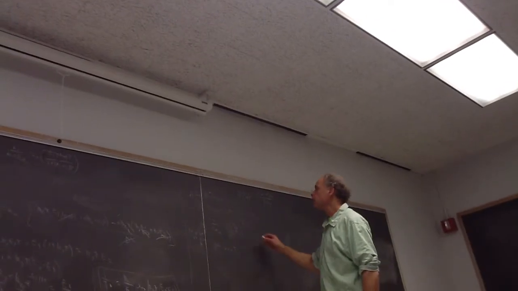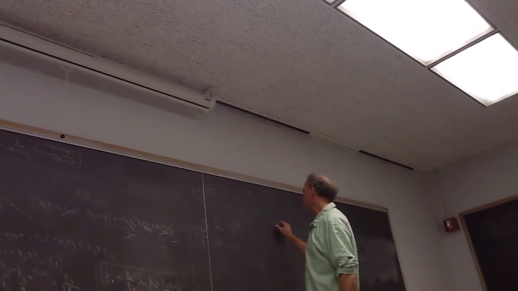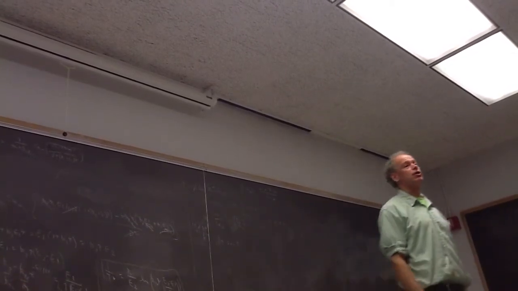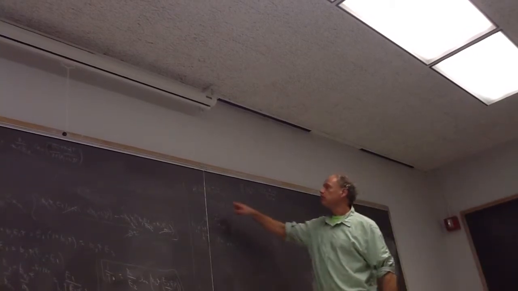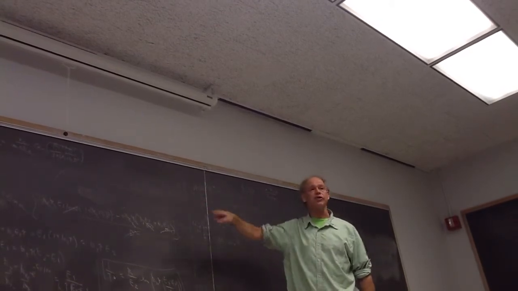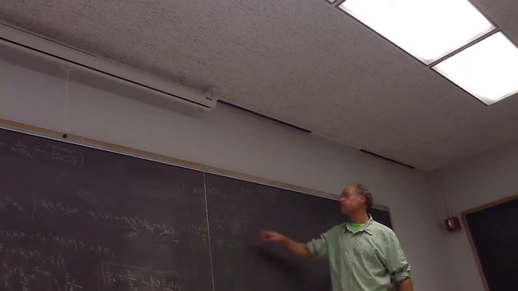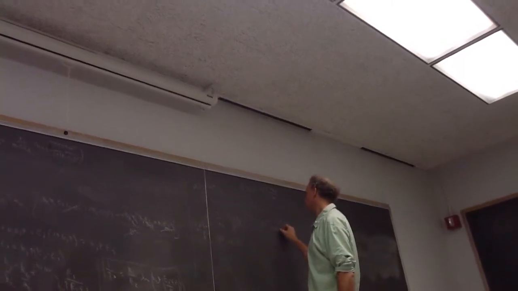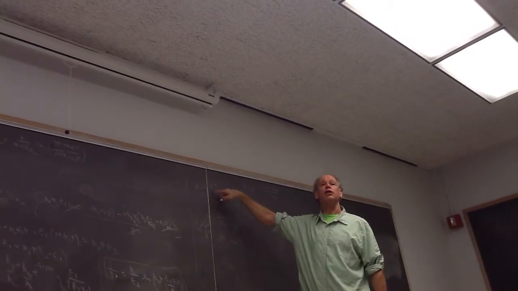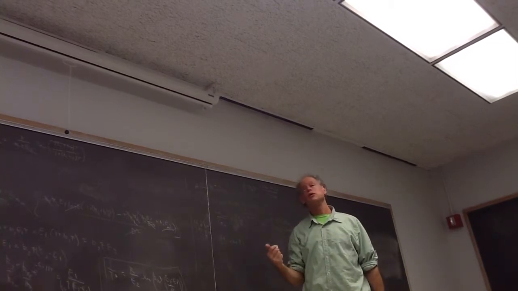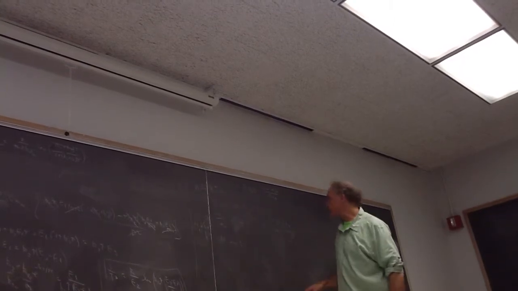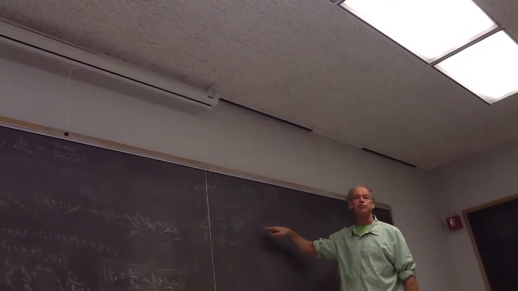So in the case where K1 is less than K2, we expect this to have a maximum, because low temperature will favor this reaction over this reaction, but it will also give me very little production, like we had over there. So in this case, we expect there to be a maximum. On the other hand, if K1 is greater than K2, then the higher the temperature, the better, both for conversion of A and for production of R. So if K1 is greater than K2, we don't expect to see a maximum.